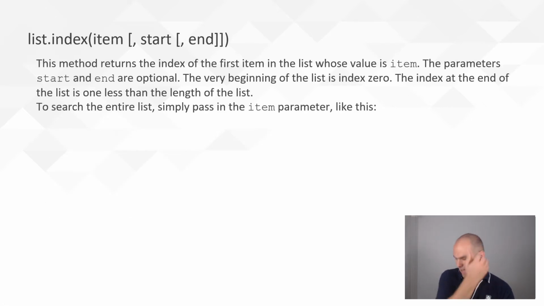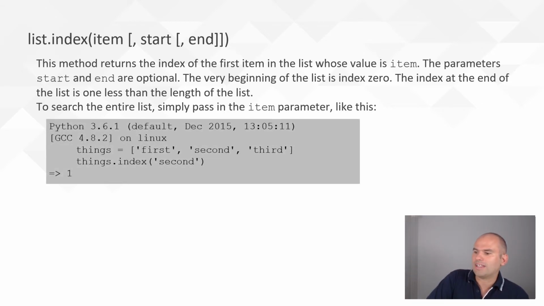List.index. This one actually finds the index of the item that you're looking for. So let's say you have a list and you can enter list.index, name of the item, and it'll return the index of that item. Now start and end, you can choose to use them. They're going to specify where you look for a particular item.